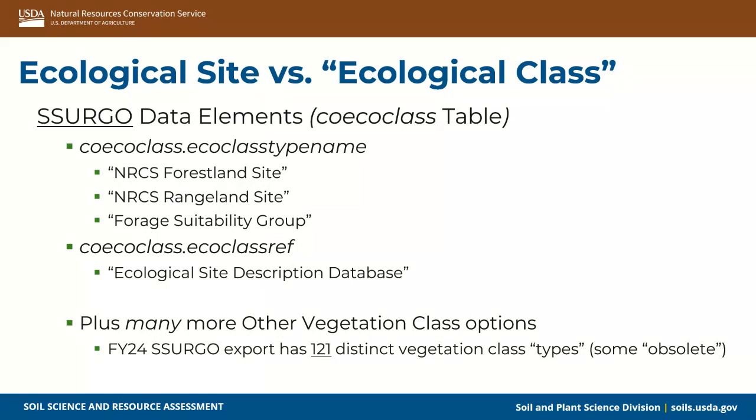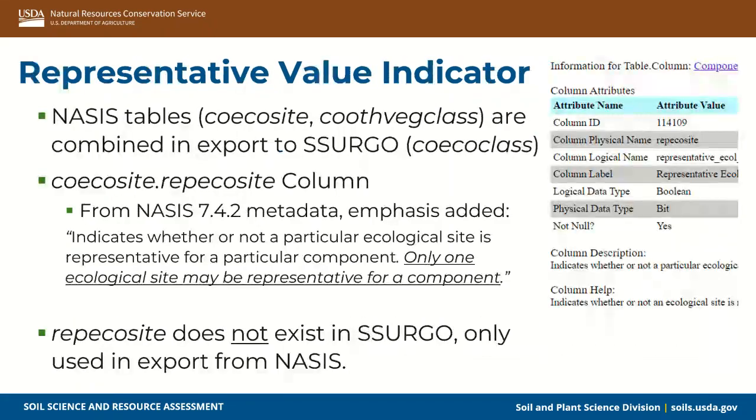One thing that I've looked at, just as an internal check, is the representative value indicators. On the NASIS side of things, where most of us are working, we actually have multiple tables contributing to that SSURGO component eco class. So we've got the component ecological site and the component other vegetation class.